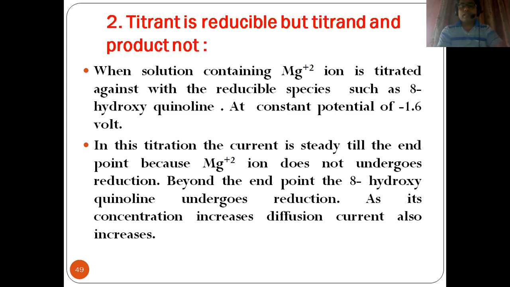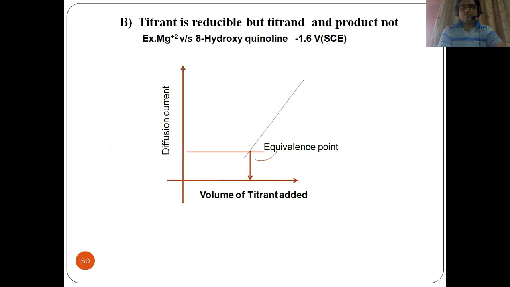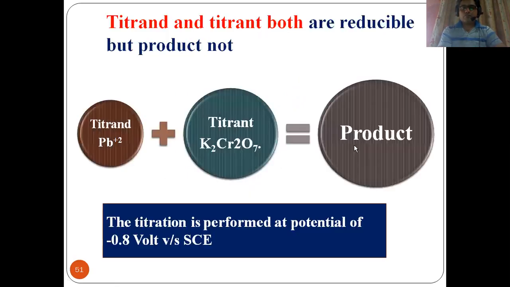Beyond the endpoint, 8-hydroxyquinoline undergoes reduction, and as its concentration increases, the diffusion current also increases. Initially magnesium is present, but it is not a reducible species, and the product is also not reducible. We get a straight line up to the equivalence point, but after addition of excess 8-hydroxyquinoline, the diffusion current goes on increasing.